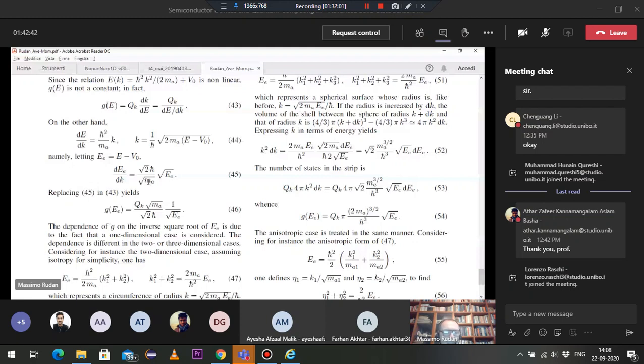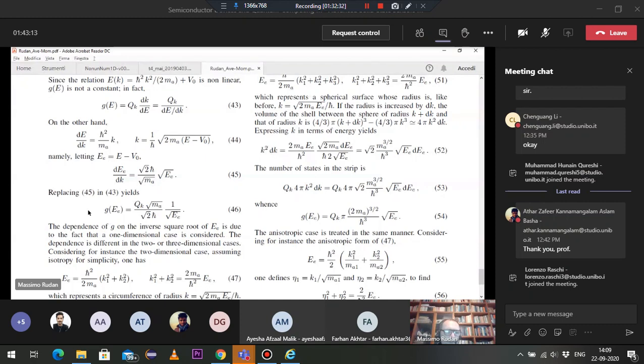Then we remember the expression of G sub E. It is Q of k divided by this derivative. We simply replace this derivative and we obtain the density of states. The density of states is expressed by equation 46 for, be careful, the one-dimensional case.